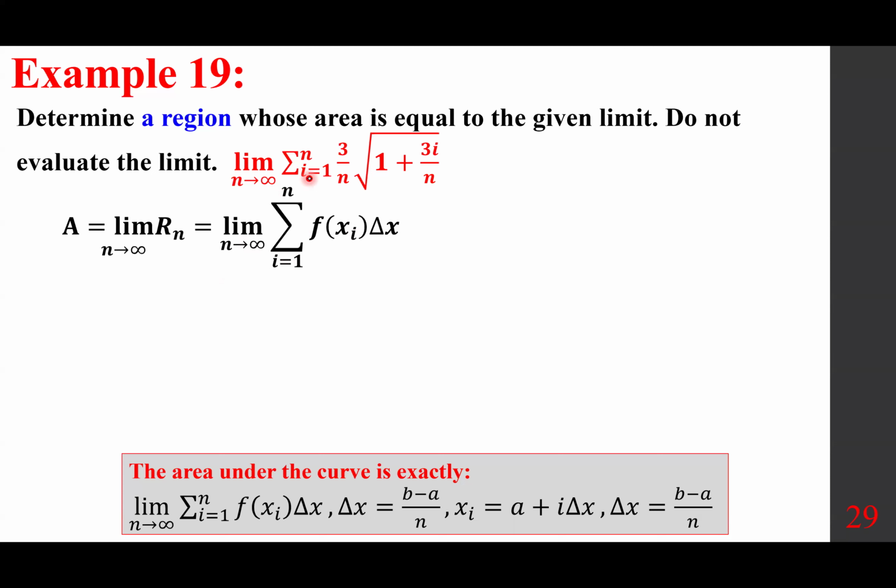So we are going to put this next to each other and compare and contrast to see what's going on, everybody. Clearly, 3 over n is this delta x, and this expression is f of x sub i. So 3 over n is delta x. f of x sub i is 1 plus 3i over n.